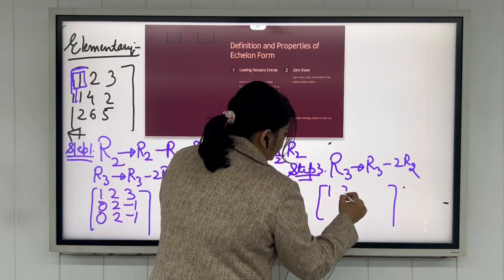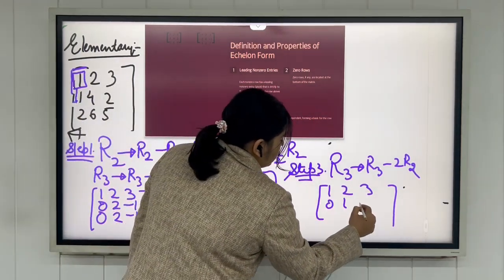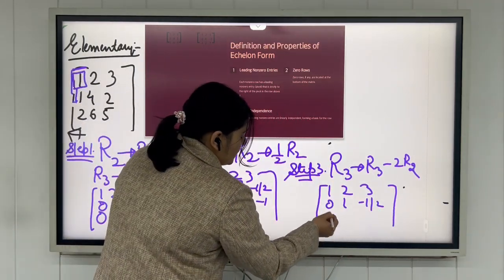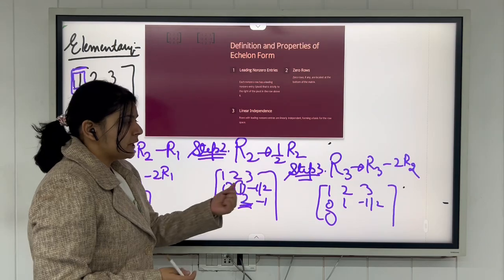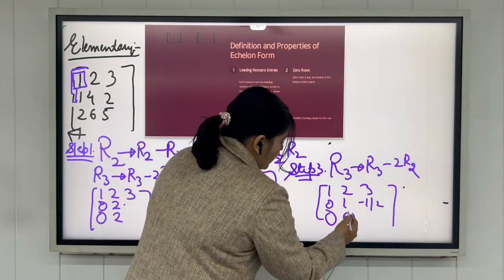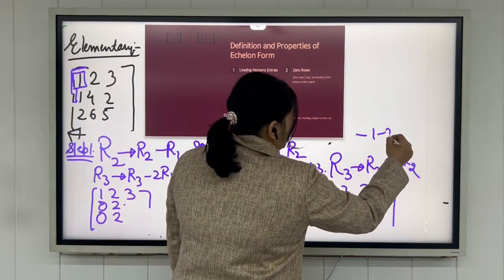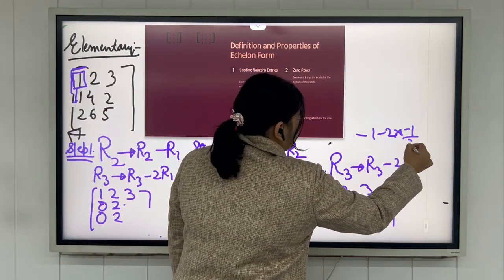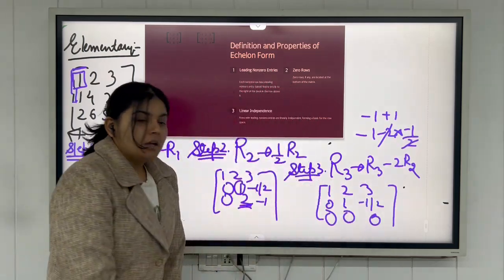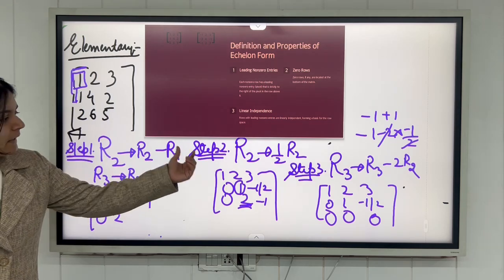Now when you do this, 0, 1, negative half as it is, and 0, then 2 minus 2 times R2, that is 2 minus 2, will give you 0. Similarly, minus 1 minus twice of minus half, which is minus 1 plus 1, will again give you 0. So these are the steps that you have done.